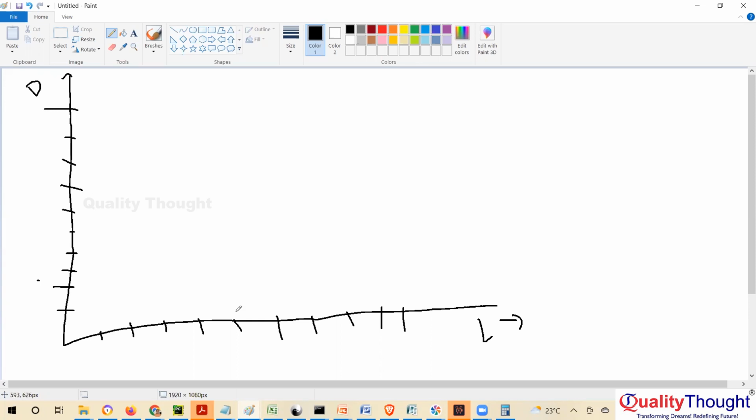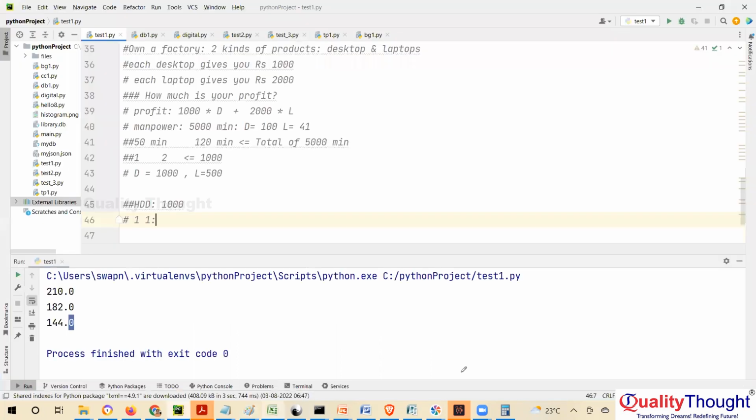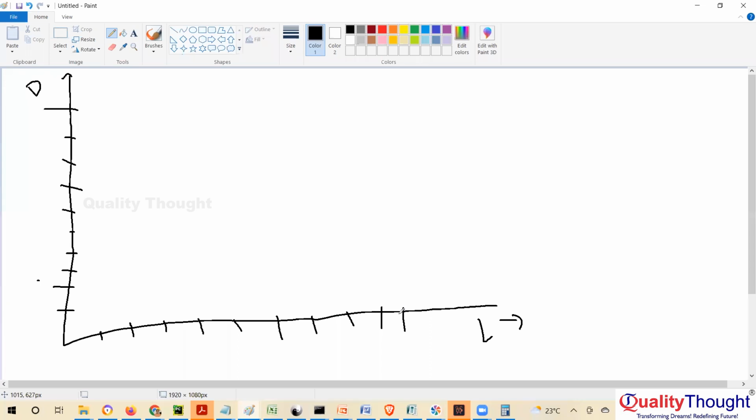Based on the third condition, you can decide to make zero desktops or 1,000 laptops, or you can decide to make 1,000 desktops and 0 laptops.